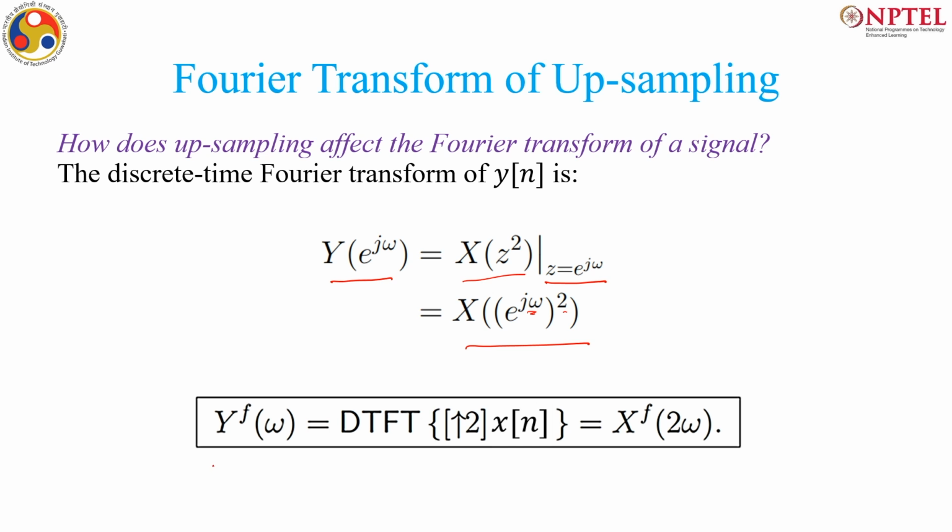So, my output spectra y of omega is nothing but x of twice omega, which means the spectra is squeezed to half if I upsample by a factor of 2.